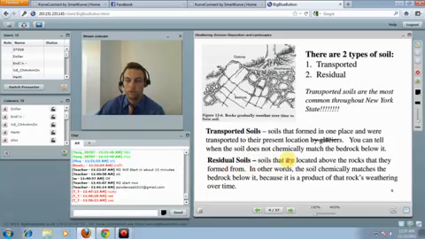And then you have residual soil, located above the rocks that they formed from. In other words, the soil chemically matches the bedrock below it because it's a product of the rocks weathering over time. So this is when you dig a hole and the topsoil matches the bedrock, and you know that the topsoil is just a more weathered form of the bedrock. So all the weathering has happened at that location.